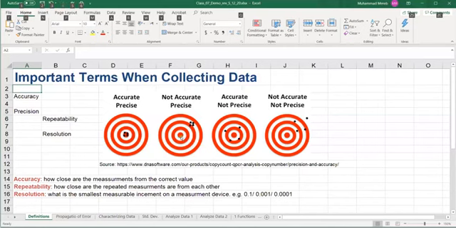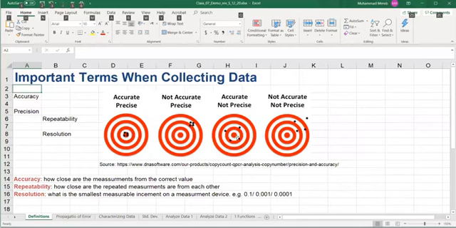So maybe we'll talk about error. There is some kind of error, such as your device not being calibrated, so you are not getting accurate results, but it's precise because you get measurements that are close to each other when they are repeated.